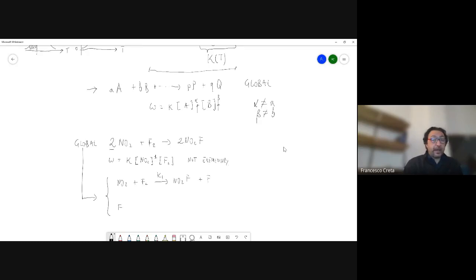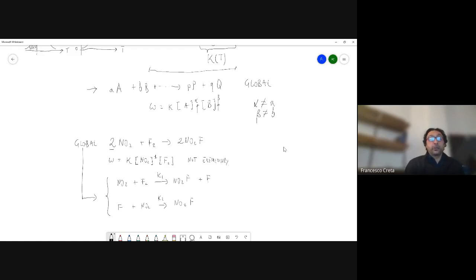And the other one is F plus NO2, with k2, giving NO2F. It turns out, as you can see now, that F is an intermediate species that cancels out if you sum these two, and you get essentially 2NO2 plus F2 equals 2NO2F.